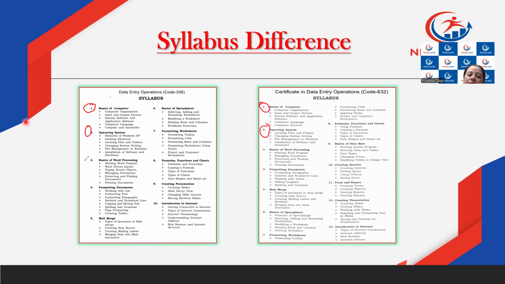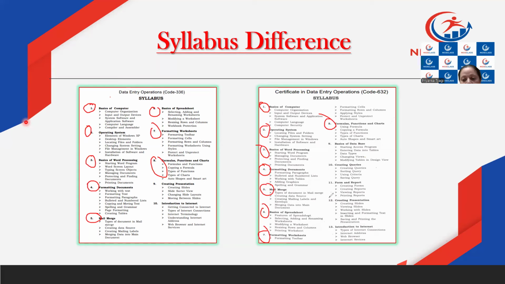You can see basics of word processing software is also here, right? Chapter number 4, formatting documents, is also here. Chapter number 5, mail merge, is also here. Basics of a spreadsheet is also here, and formatting worksheet is also here. You can see chapter number 8, formula and formatting worksheet, formula functions and chart, right?